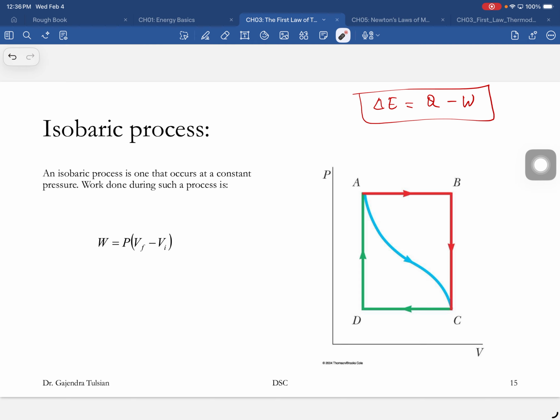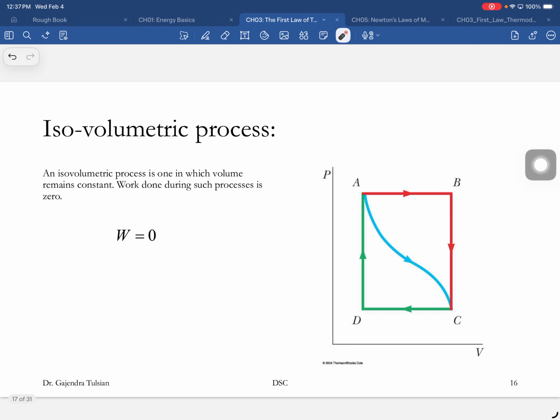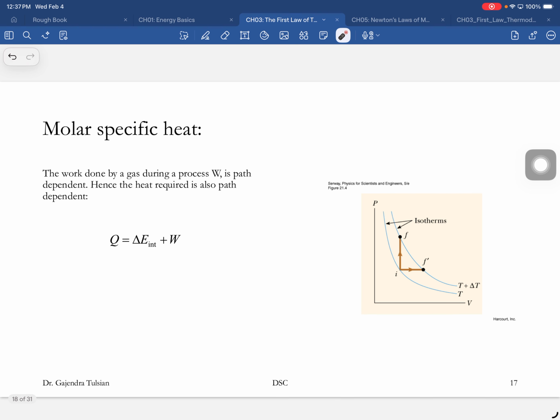This is the first law of thermodynamics: change in internal energy is equal to heat added minus the work done. And we said something about each of those terms in the processes.